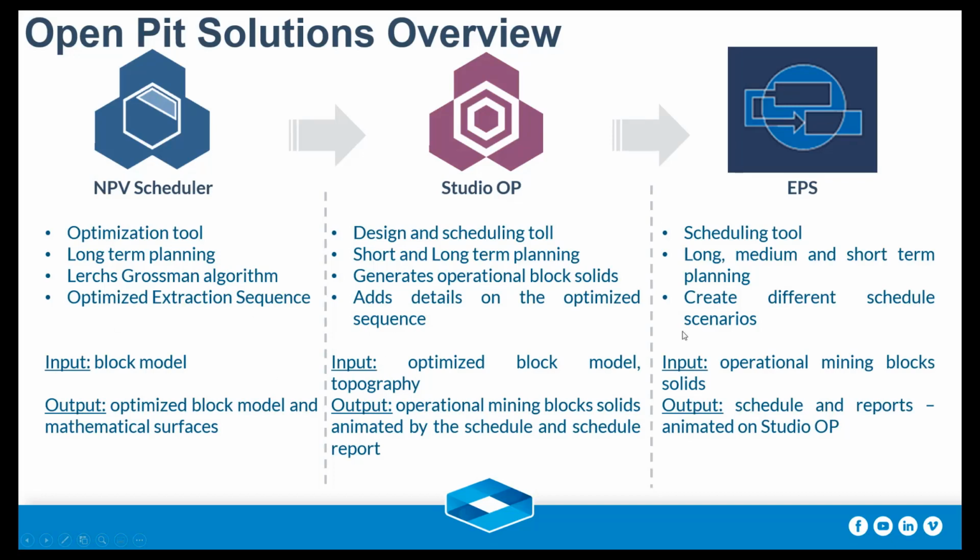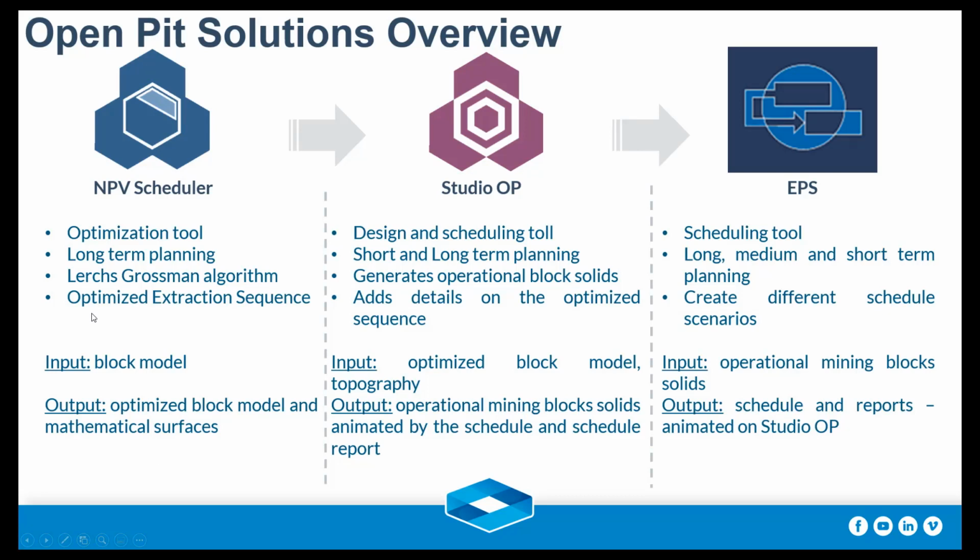So here we have our three solutions. They are NPV Scheduler, Studio OP, and EPS. NPV Scheduler works on the optimization part of Life of Mine projects. The main goal of NPV Scheduler is to maximize the NPV value and the cash flow of the pit based on an economical model, creating the Lerchs-Grossmann phases.